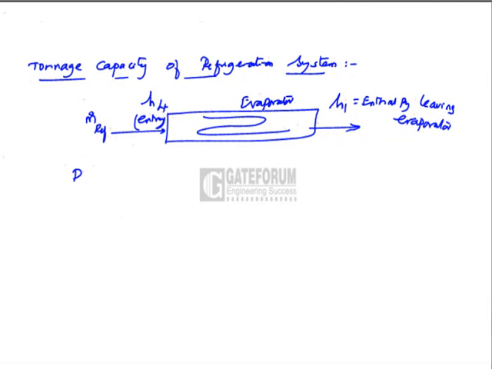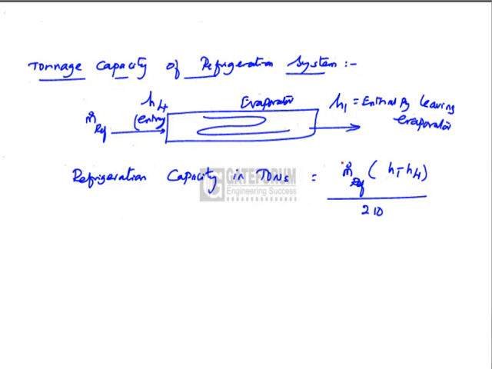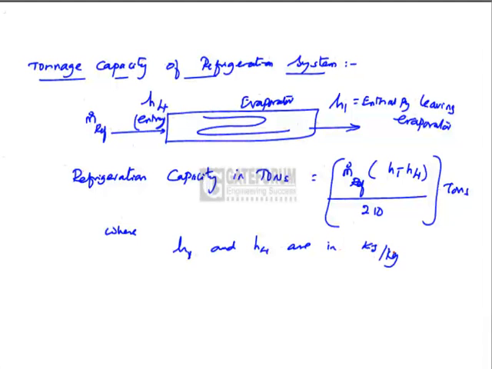Then refrigeration capacity in tons of the system is mass flow rate of the refrigerant times H1 minus H4 divided by 210 tons, where H1 and H4 are in kilojoule per kg.